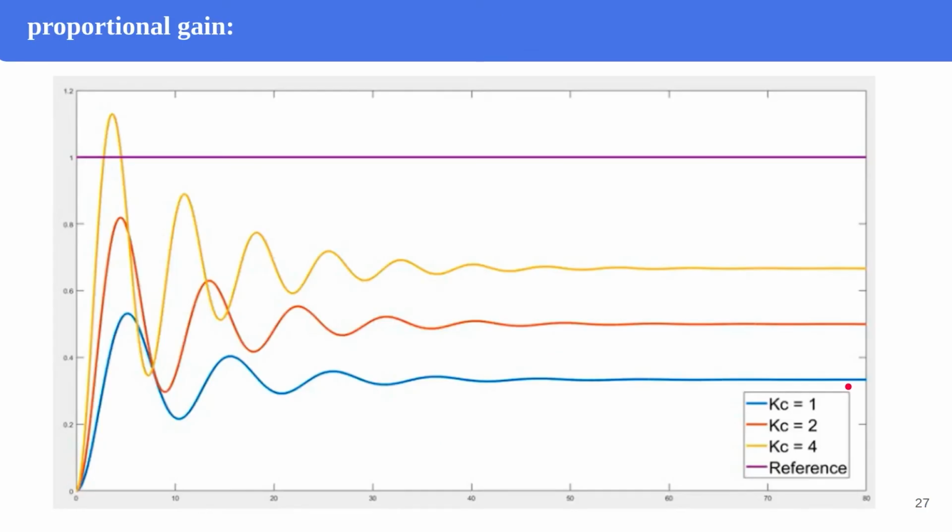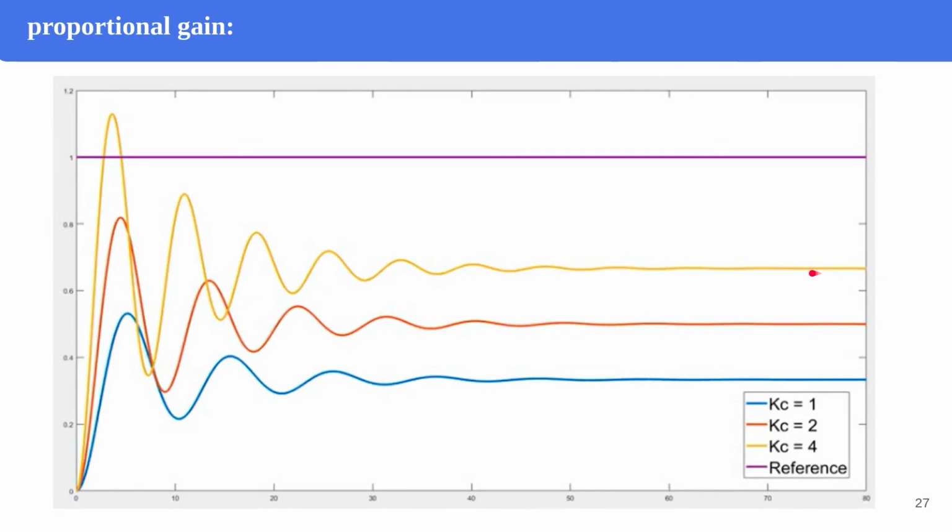Okay, let's discuss proportional gain. You see this figure shows the response time due to different proportional gains. For example, this blue line here shows the response time when Kc is 1, and the orange one is for when the proportional gain is 2.